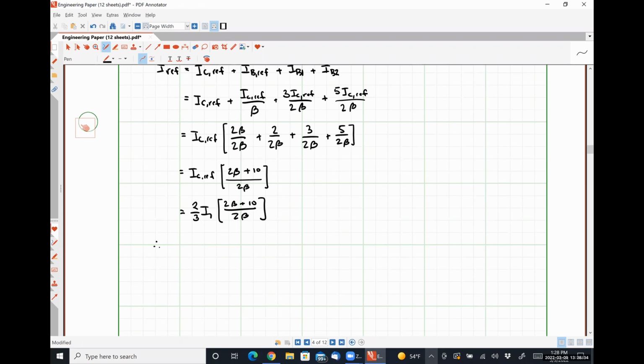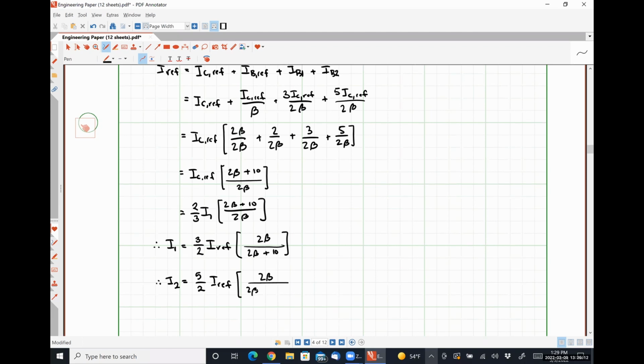I can rearrange and find that I1 is 3/2 IREF times twice beta over twice beta plus 10. And it shouldn't be hard to see that I2 would be 5/2 IREF times that same factor of twice beta over twice beta plus 10.